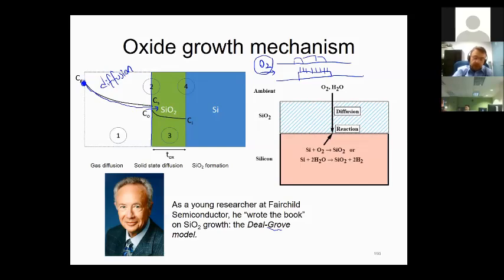So there is going to be an absorption process here taking place at the interface, okay? Not all of the oxidants, not all of the concentration will be able to penetrate. So that's why CS is not the same as C0, the one that's inside the silicon dioxide. Well, it will be higher than C0.